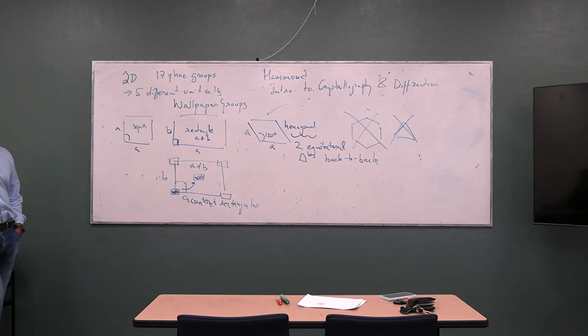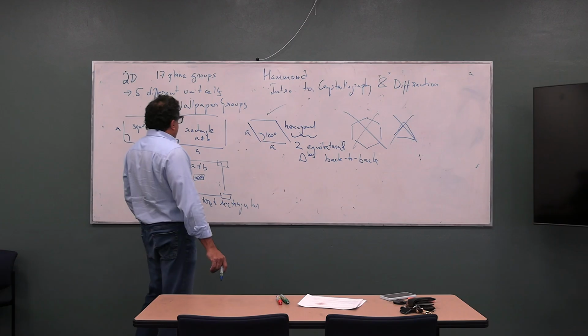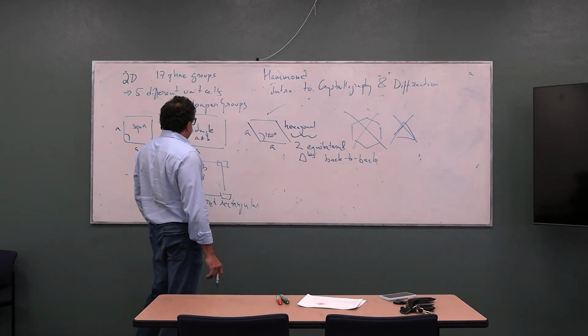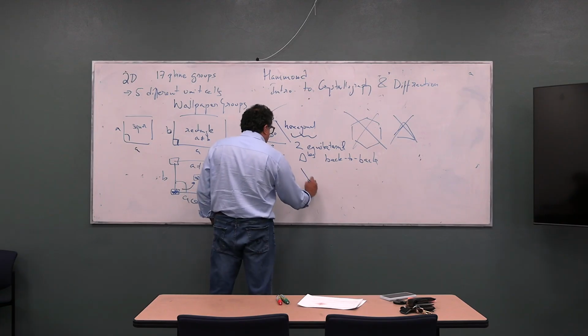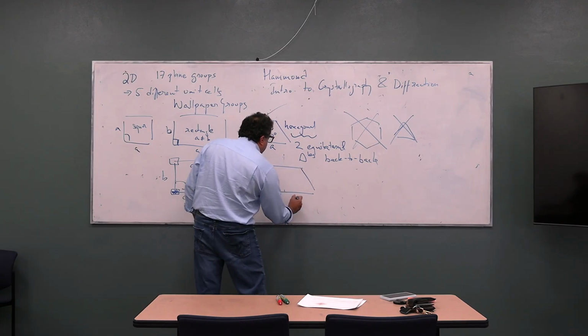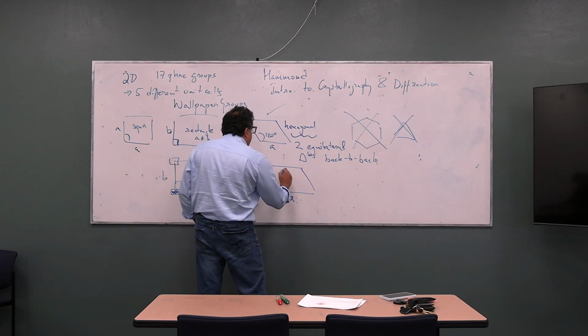There is only one other kind of cell that I've left out, and that one cell actually takes care of all of these cells. That cell is called an oblique cell, where you have an A, you have a B, A not equal to B, and you have a gamma.